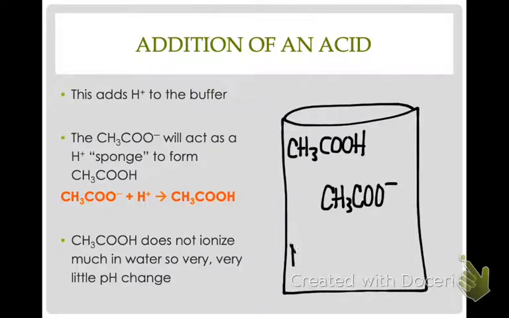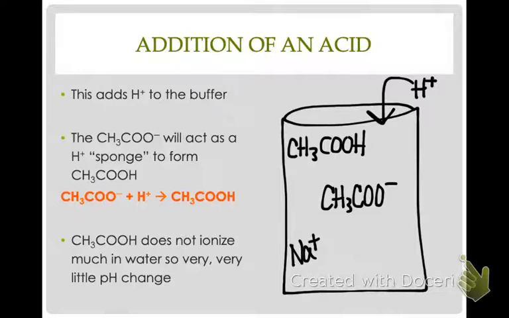And remember, I said there's sodium ions in there too, but the sodium ions aren't going to play a part in what is happening when we add an acid to this buffer system. So right now we're going to add an acid. We know acids can be designated using an H+, so that's what I'm going to use in this example.